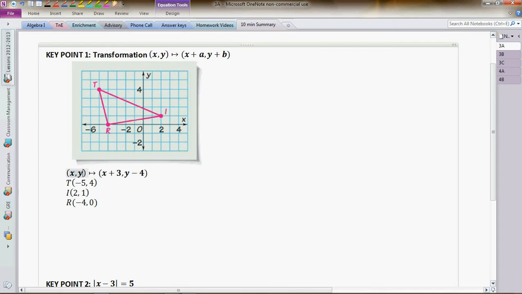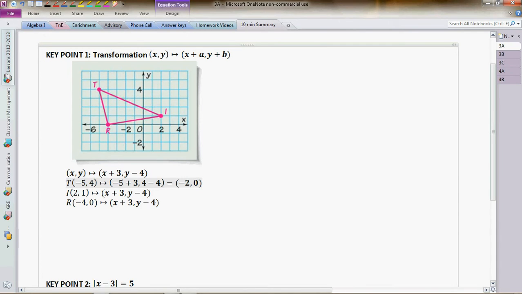Then we have to apply this rule to each point. In this case, x is -5 for T, so we replace x with -5, and y is 4, so we replace y with 4. This will equal -2, comma 0.